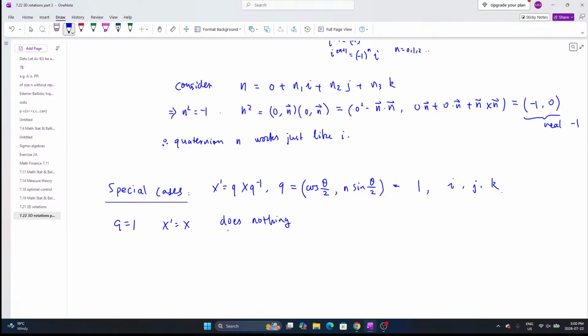Let's check that. When Q equals 1, that just means cosine of theta over 2 is 1. That's real, so cosine equals 1, meaning theta equals 0.